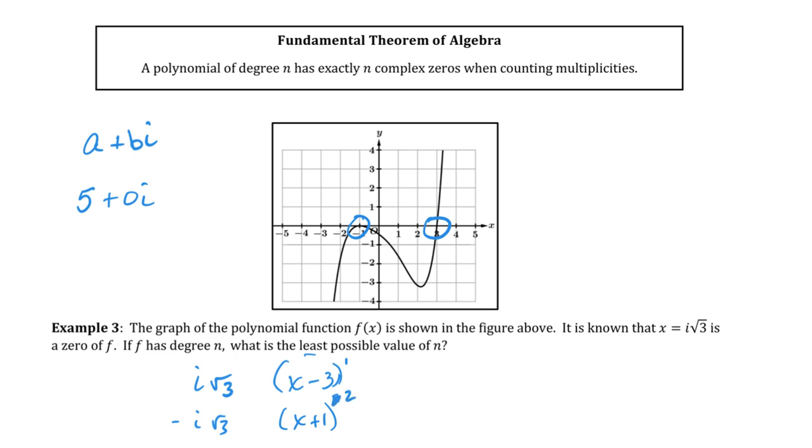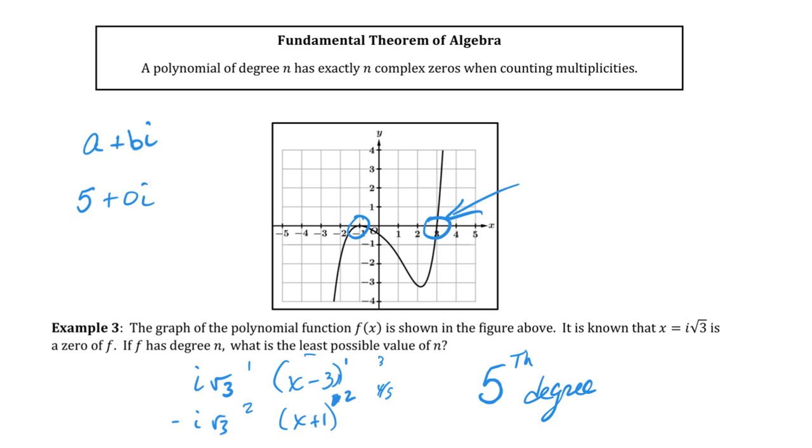So let's count up all of our numbers here. We have 1, 2, 3, 4, 5. So a 5th degree polynomial is the least it could be. This right here, I don't know. Without more information, I don't know if that's x minus 3 to the 3rd, to the 5th, to the 7th.